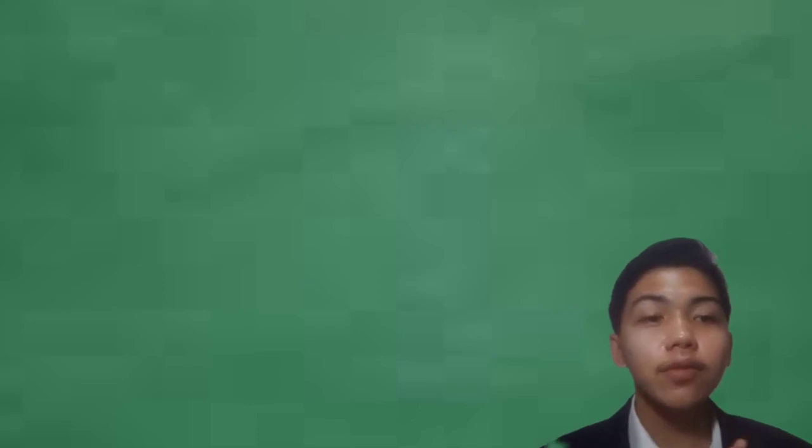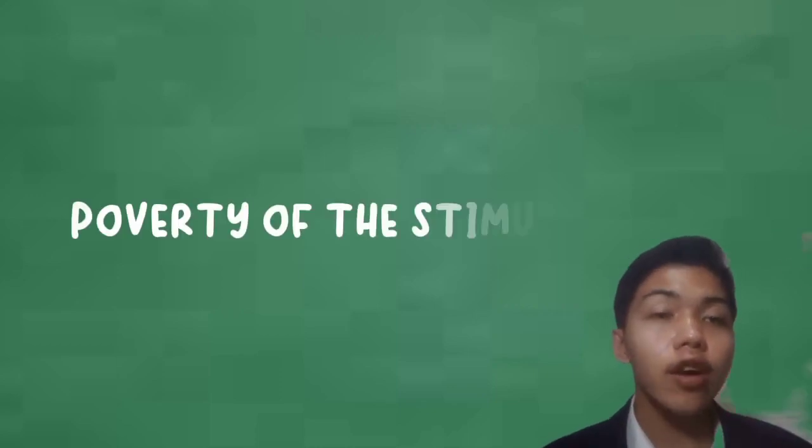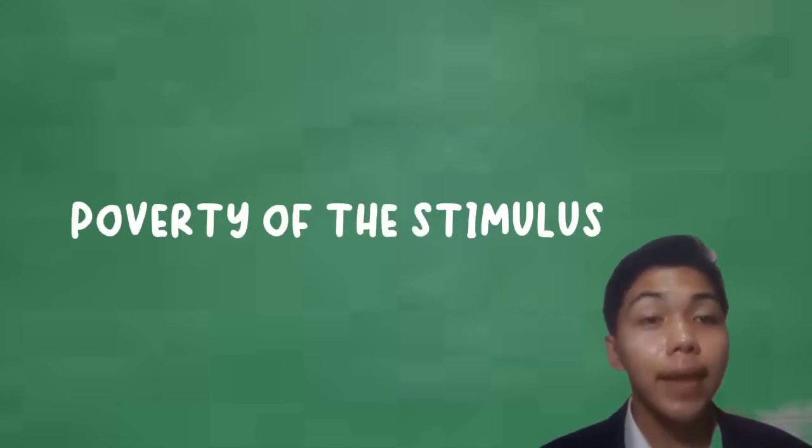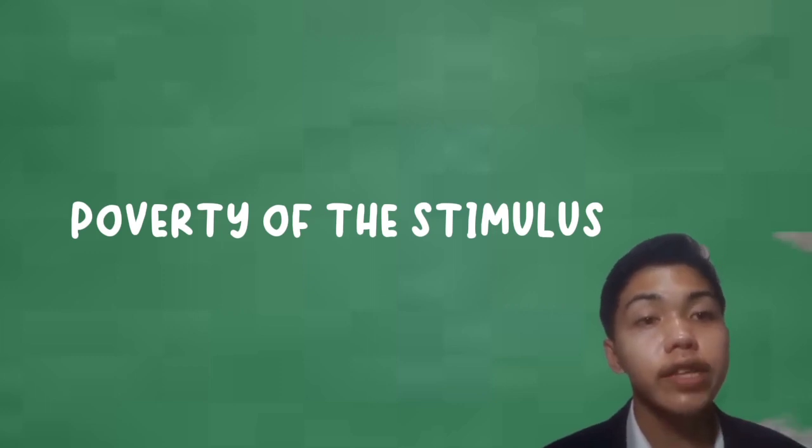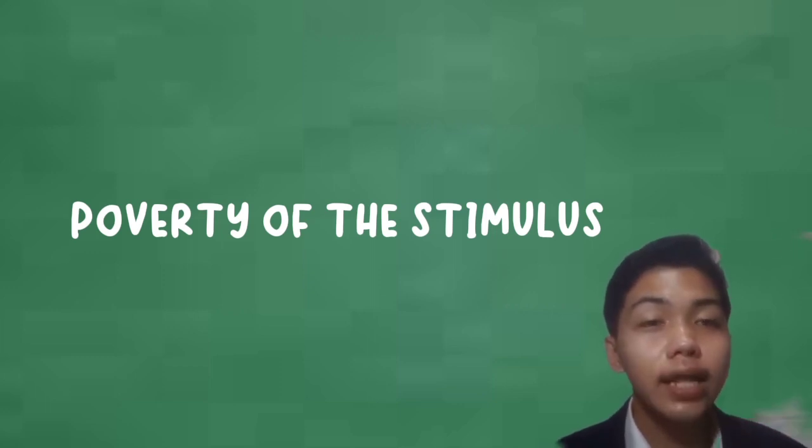So, let's move on to one of our subtopics, which is the poverty of the stimulus. Many linguists argue that the capacity to acquire key aspects of natural language is exclusively human. Human language is built on an intricate foundation of grammatical principles.